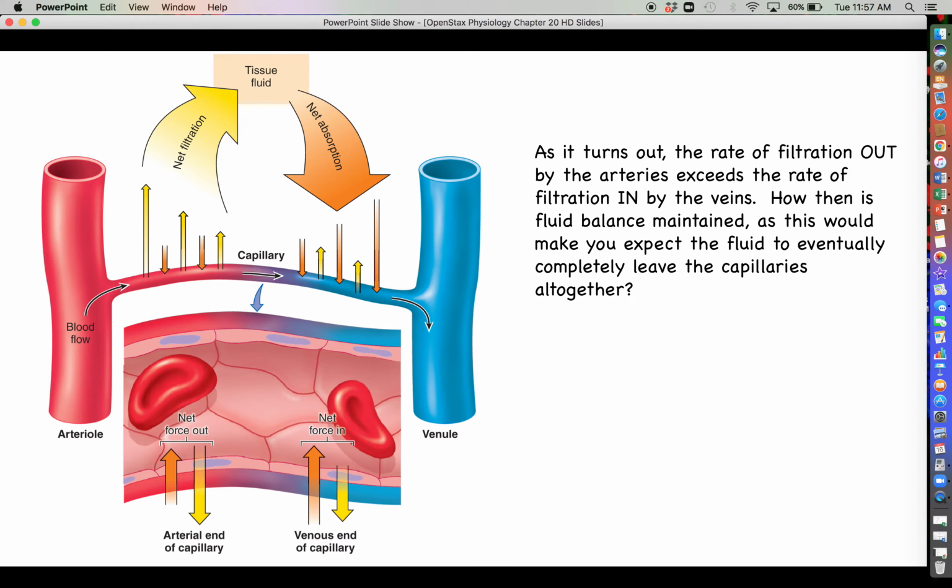So where am I going with that analogy? Here's what I mean. As blood moves into the capillary bed from the arterioles, we are going to deliver our nutrients like oxygen and glucose and fatty acids and amino acids when the net filtration pulls those things out. And then when the net filtration pulls materials back in, that's when we're going to give up our waste products.